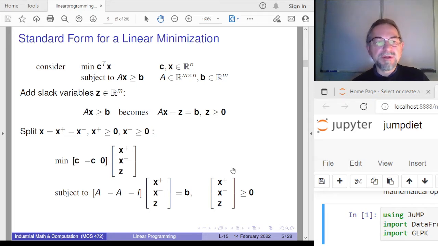Easier to work with. Typically, all our variables are positive. Should we have variables that can also be negative, then we split them in a positive and a negative part. So the minimization problem then becomes in standard form with the slack variables, where we have the equalities, and all the variables are positive or zero.